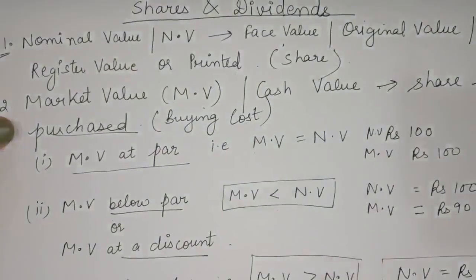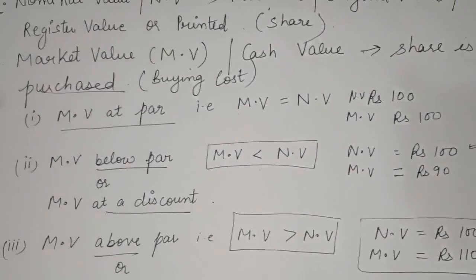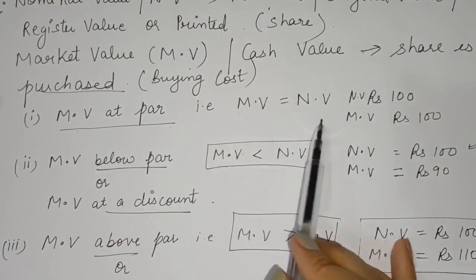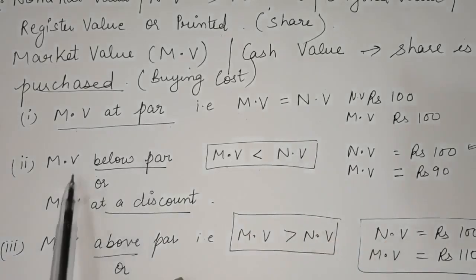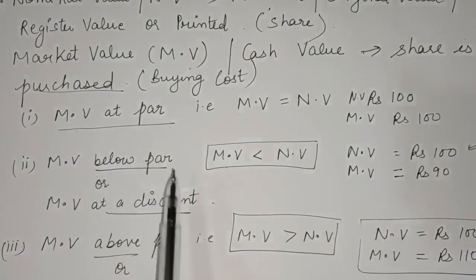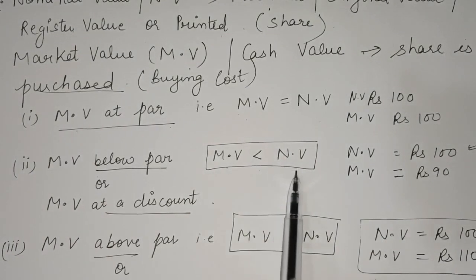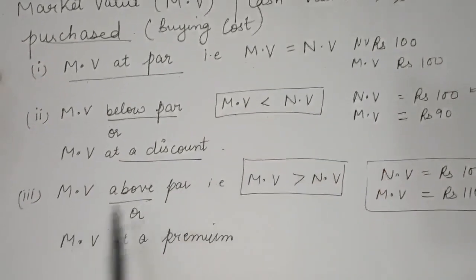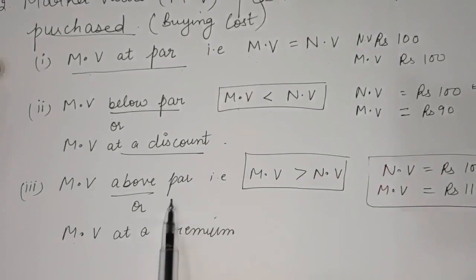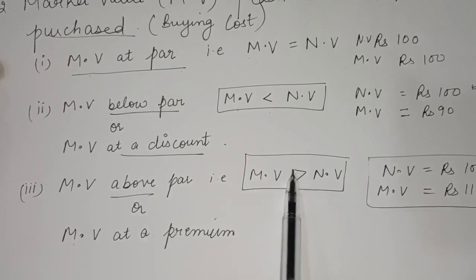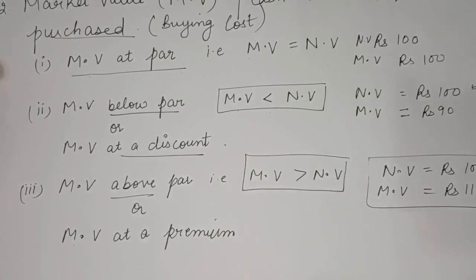So regarding market value, three terms are there. Market value at par means market value is equals to nominal value. Market value below par or market value at a discount, that means market value is less than nominal value. And the third one is market value above par or market value at a premium. This means market value is greater than nominal value.